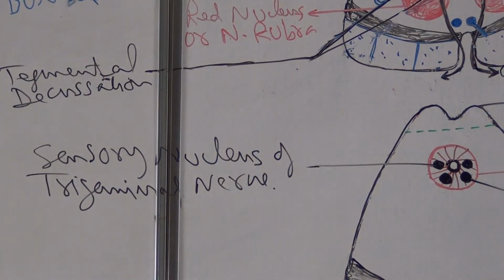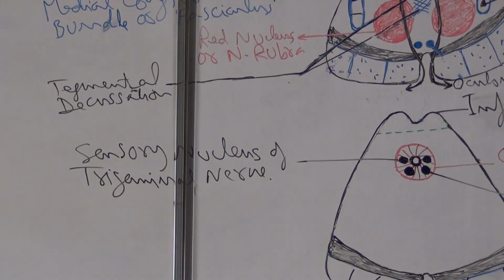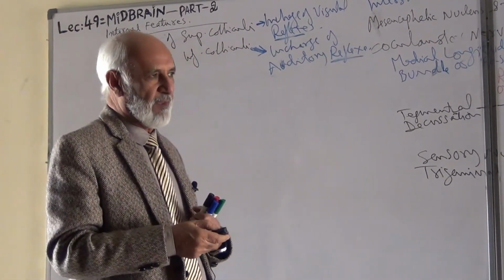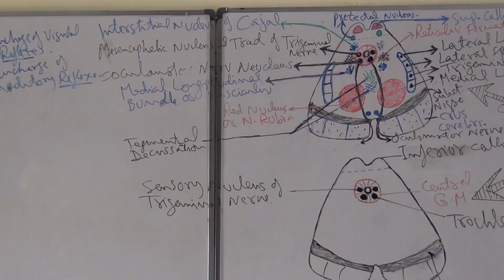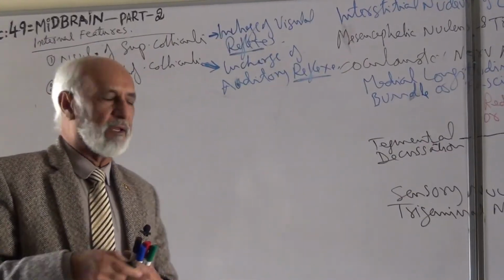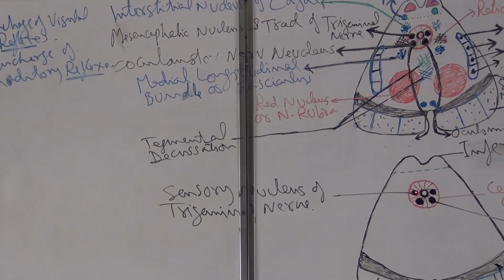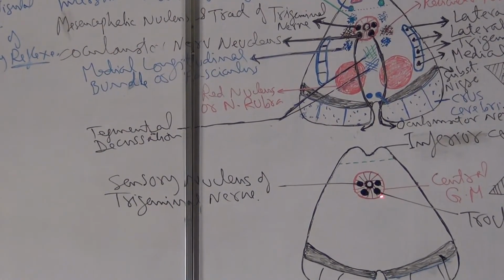In my first lecture, I told you that the sensory nucleus of the trigeminal nerve is an elongated nucleus which extends throughout the brainstem and even continues into the upper 2 or 3 segments of the spinal cord. So this nucleus is cut in the central gray matter lateral to the cerebral aqueduct in the upper half of the midbrain, and again it is cut here in the lower half of the midbrain.